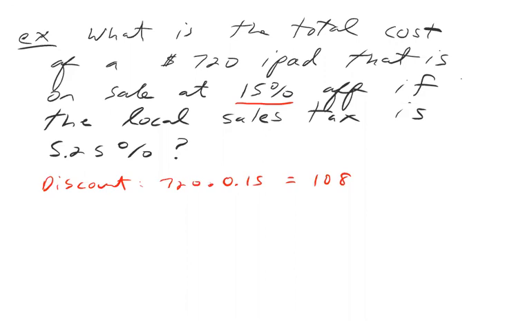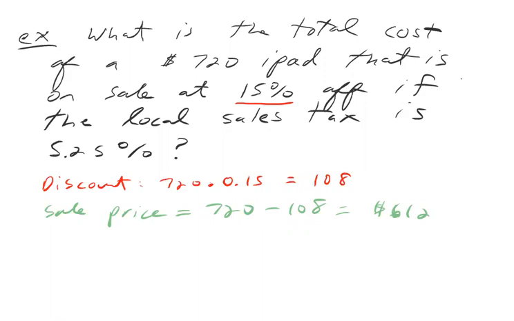So that means that the sale price is 720, the original price, minus the discount, 108, the 15% discount. Which is $612. So that's the sale price. So that's the cost of the iPad.